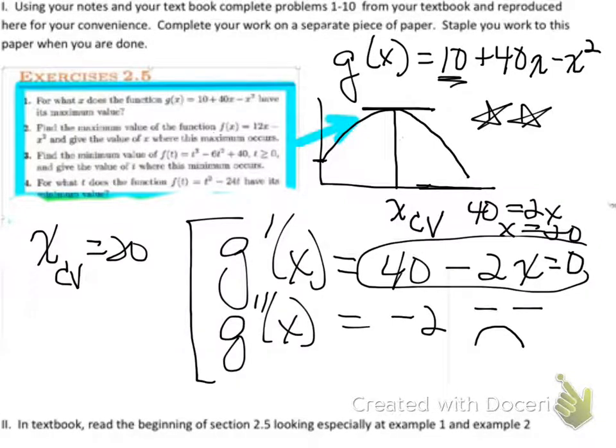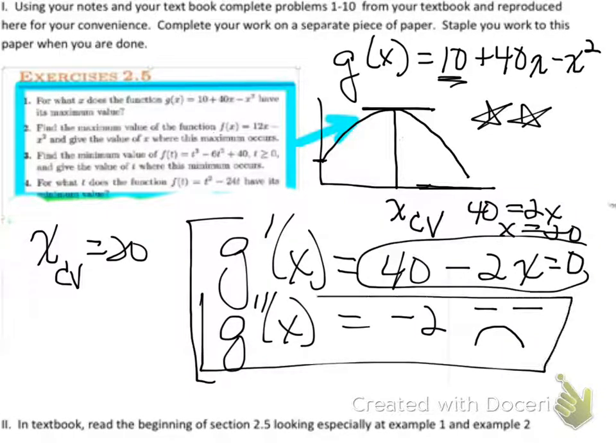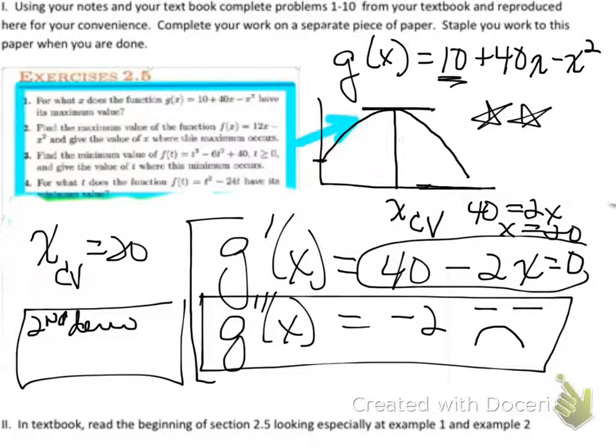I have done a second derivative test, and I would write down a comment about that as well. The second derivative is negative, therefore the function is concave down at the critical value, which leads to a max. Alright, so that problem is done.